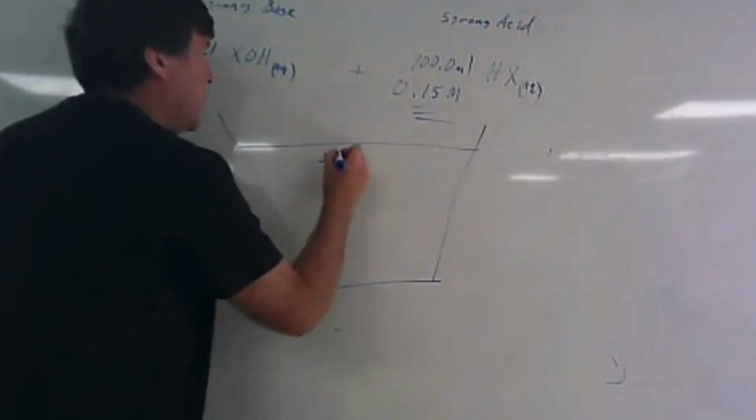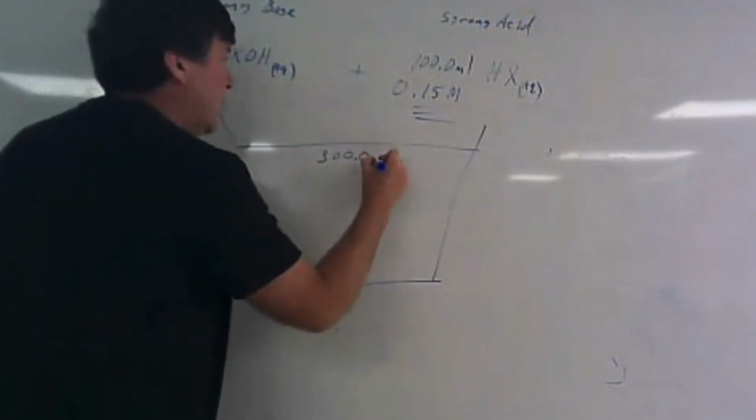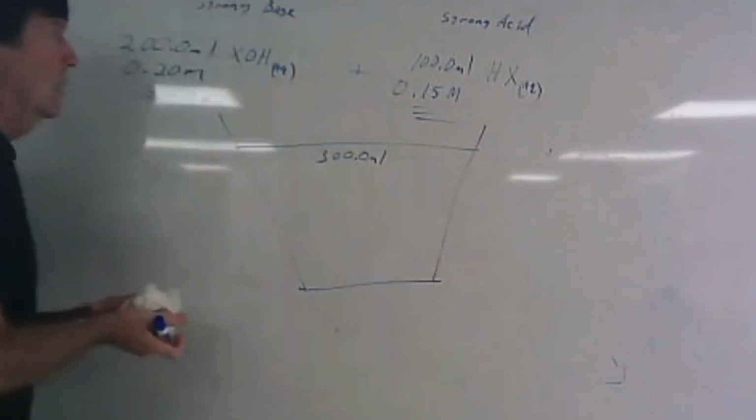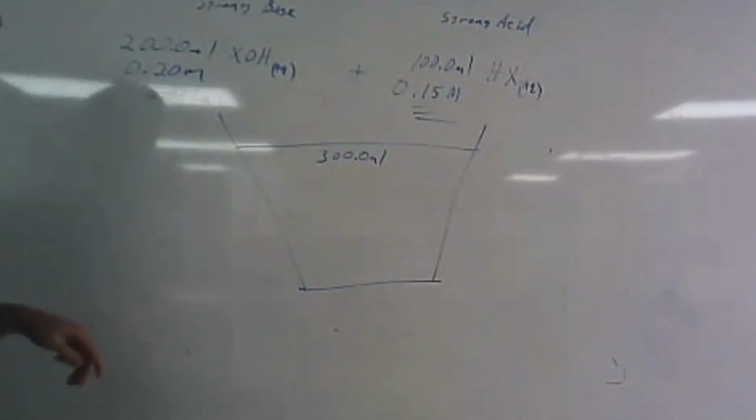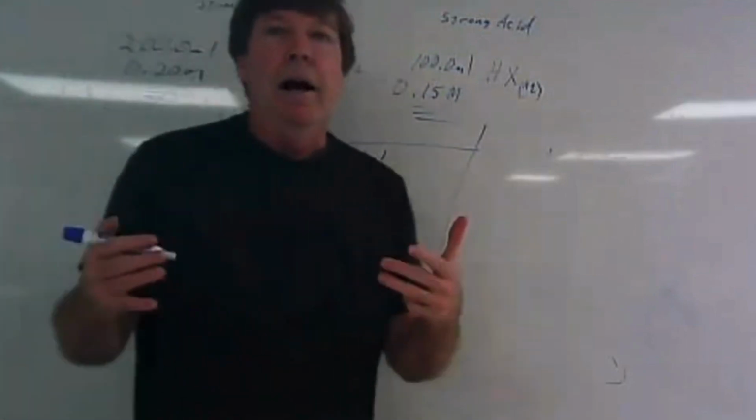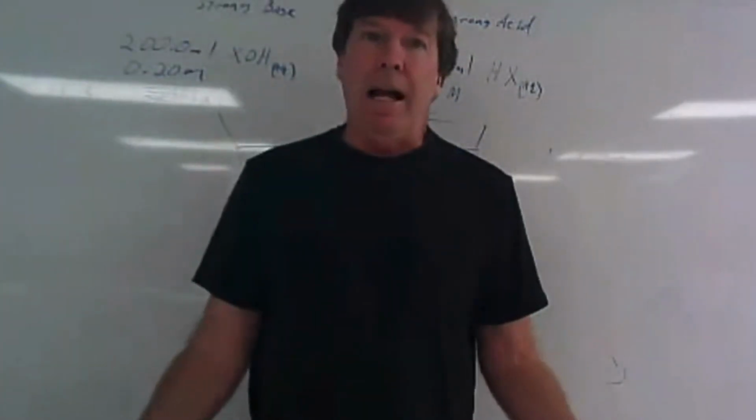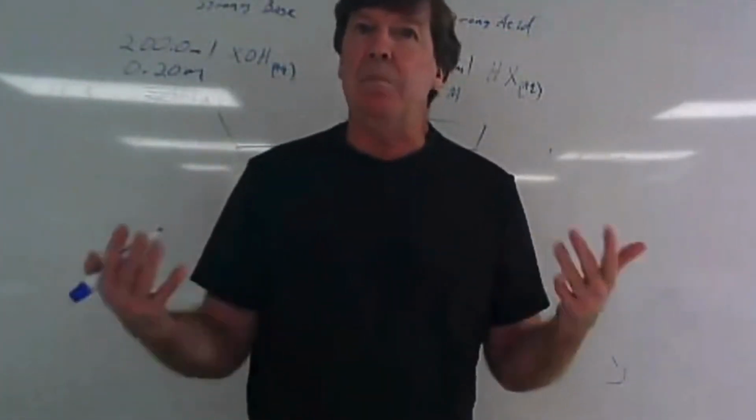Notice 300.0 mL total. Strong acid, strong base. Any strong acid, strong base has the same net ionic.